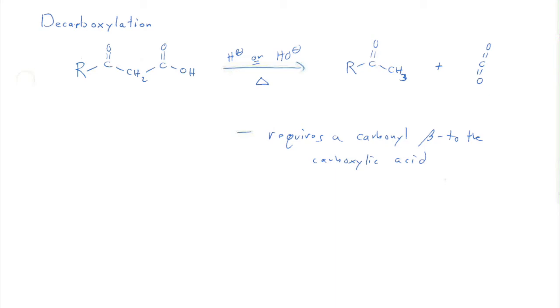This is another interesting example of a carbon-carbon bond breaking reaction, very much like what we saw the other day with the haloform reaction. And this can, again, be somewhat synthetically useful. You can have some easy chemistry, some very simple pattern that makes the molecule you almost want, but it has one too many carbons, and then you just bubble it off as carbon dioxide through a decarboxylation.